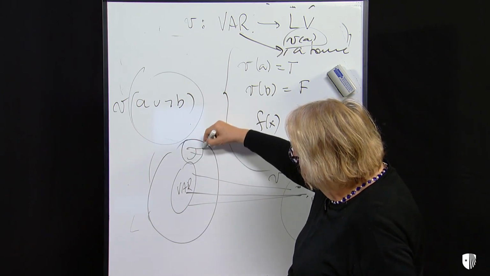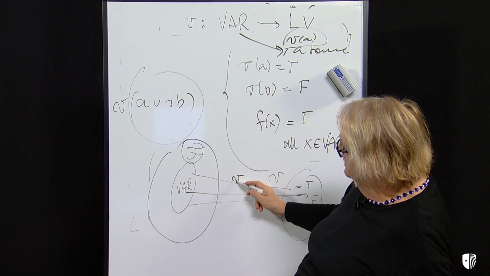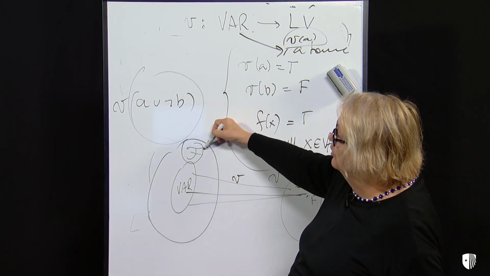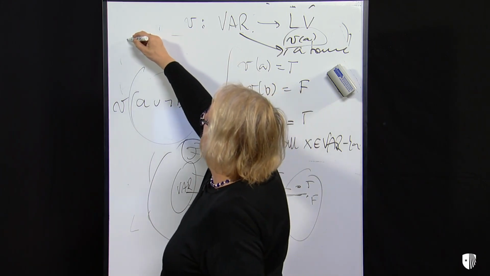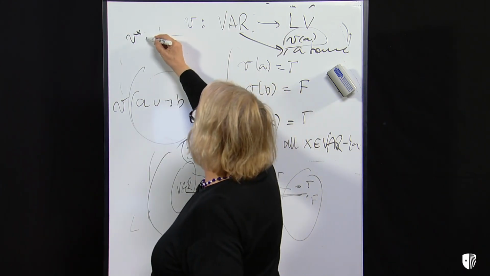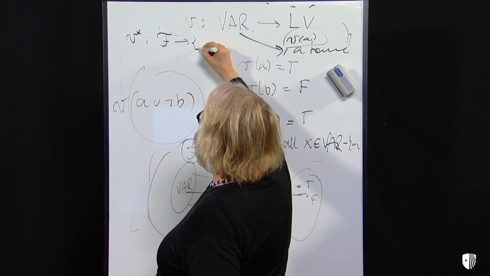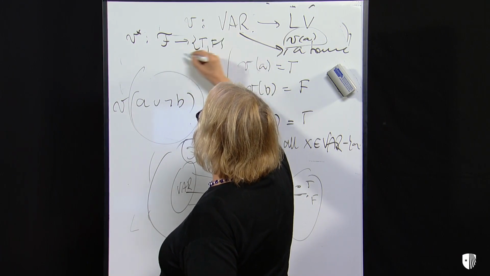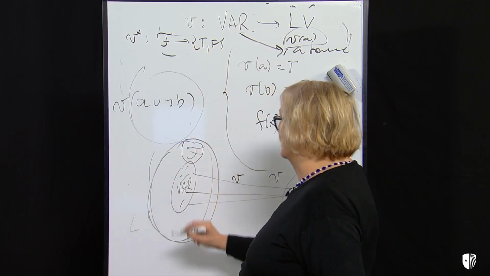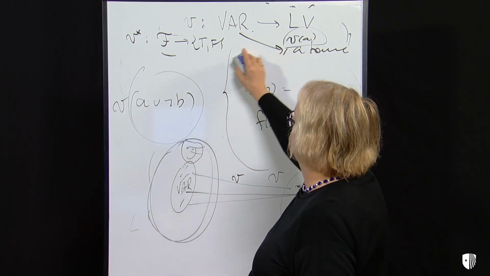Now I want to say, this is my V, and I want to extend this function to a bigger domain. This is called extension, and we call it V star. I want to extend it to the set of all formulas, to a bigger set. So I know what's happening here, and I want to extend it formally to the whole.